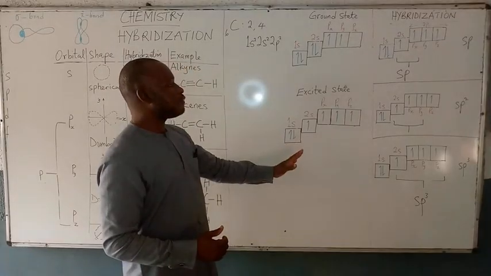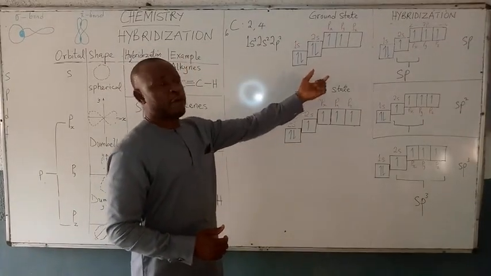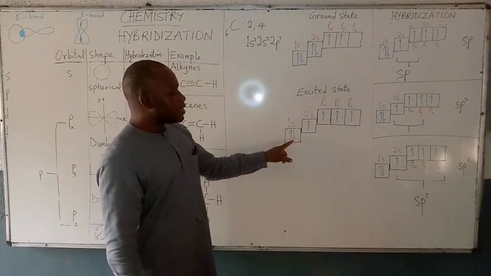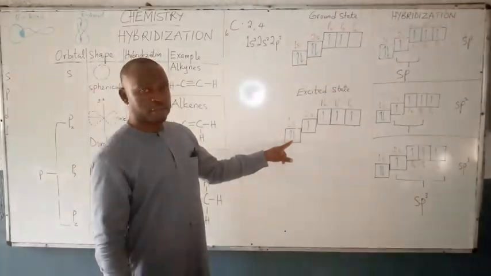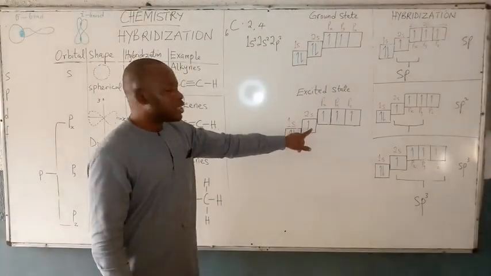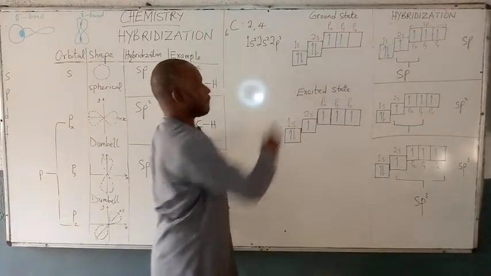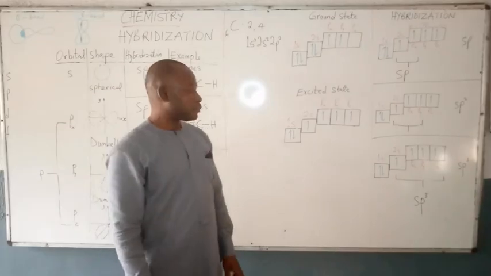On the board, we have this same electron box diagram up here, but see, something has happened. In the first degenerate orbital, we still have 2 electrons. But in the second degenerate orbital, did you notice that we do not have the 2 electrons we had here? What has happened?